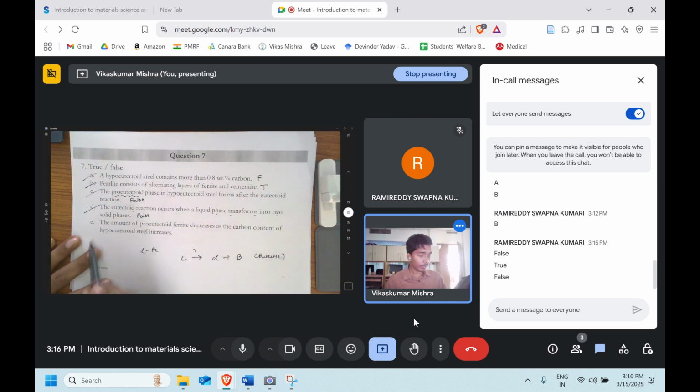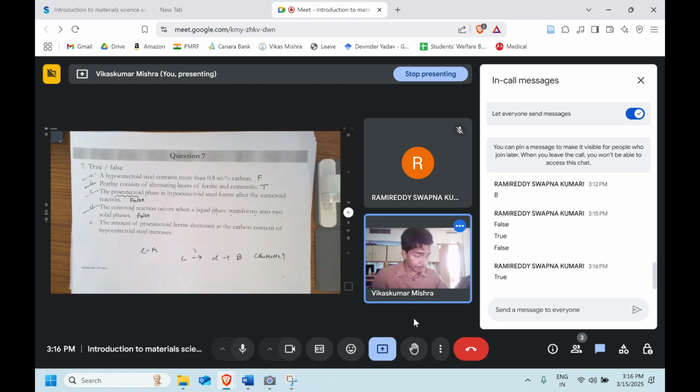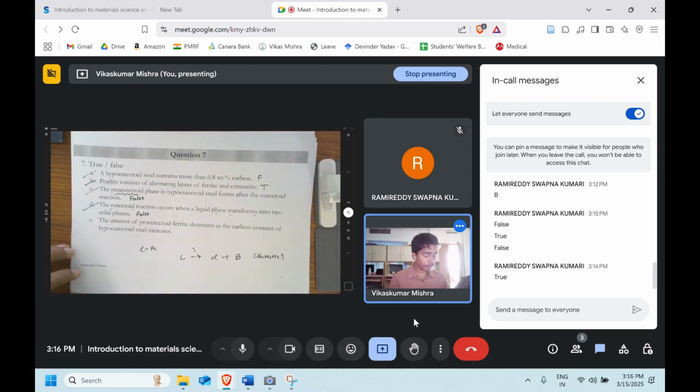Now the last one. The amount of proeutectoid ferrite decreases as the carbon content of the hypoeutectoid steel increases. So what is your opinion on this? You're telling it's true.